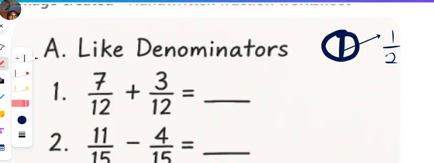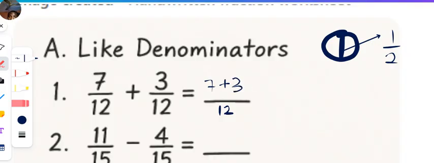Anytime you have two fractions that have the same denominators and you want to add or subtract them, this is what you do. Since the denominators are the same, you pick one of them. Pick one of the denominators, write it down. Then you add the numbers that are up. 7 plus 3.